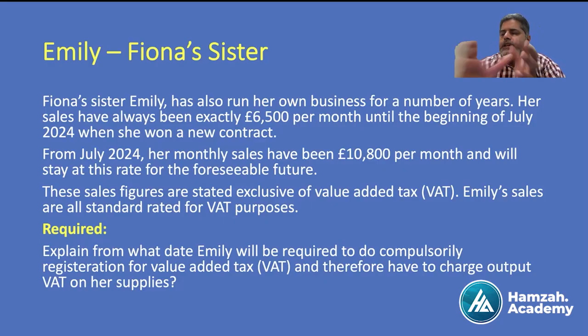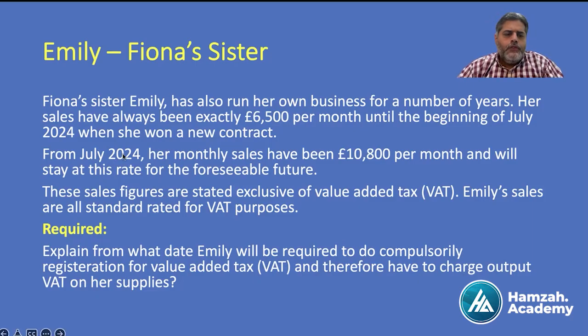It's a must that you get yourself registered for VAT. At the moment, before this July, she has exact sales of 6,500 per month, so a total of 78,000. Technically, she is short of 12,000 as far as breaching the limit is concerned.